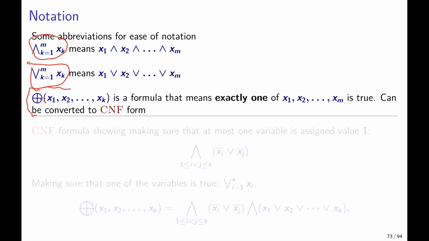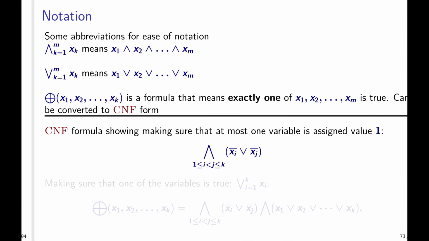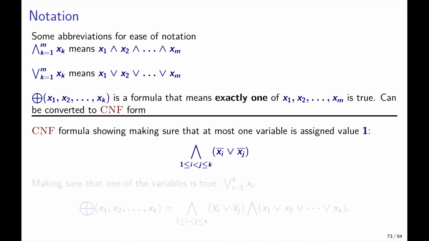Okay? So since we're going to create a CNF formula, we need to convert this into a CNF formula. So let's do that. What we're going to do is take the OR of any pair of variables among those m variables. The number of such pairs is m choose 2, right?